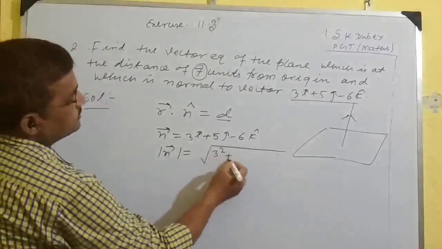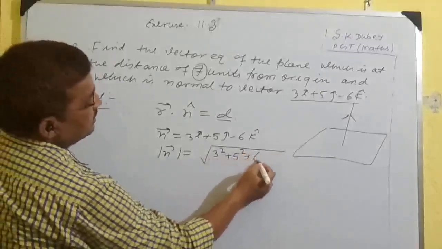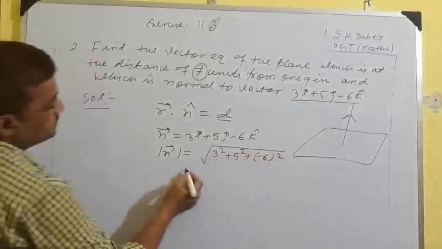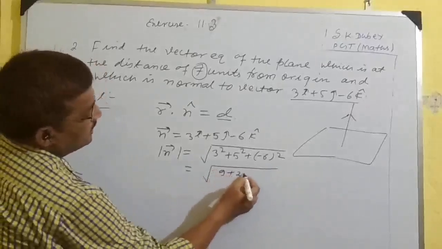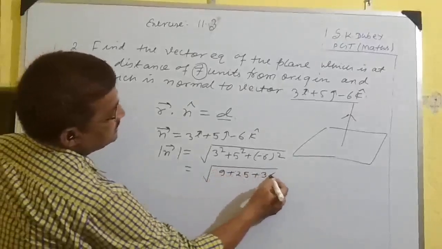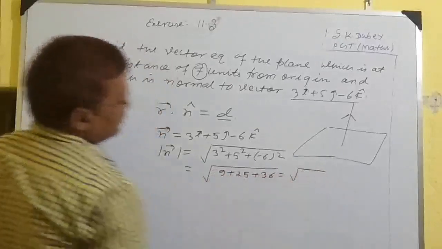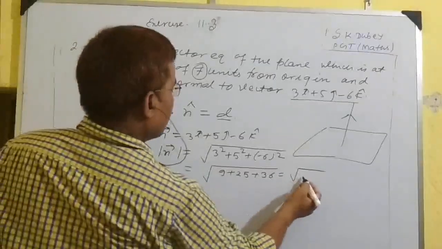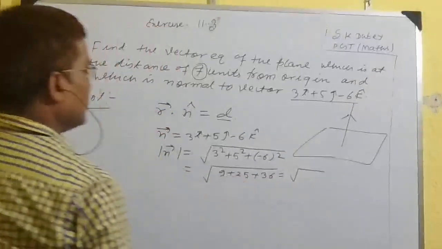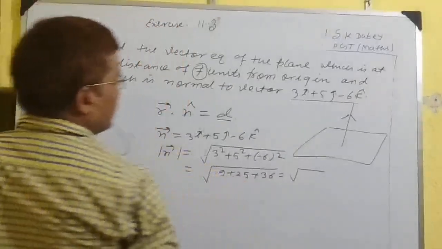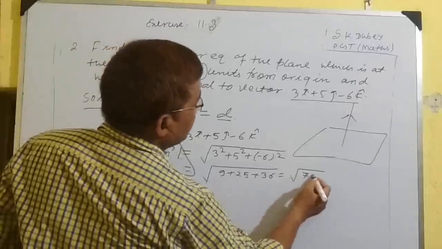square root of 3 square plus 5 square plus minus 6 square, that is 9 plus 25 plus 36. 25 and 9, 34, and 36, that is 70.